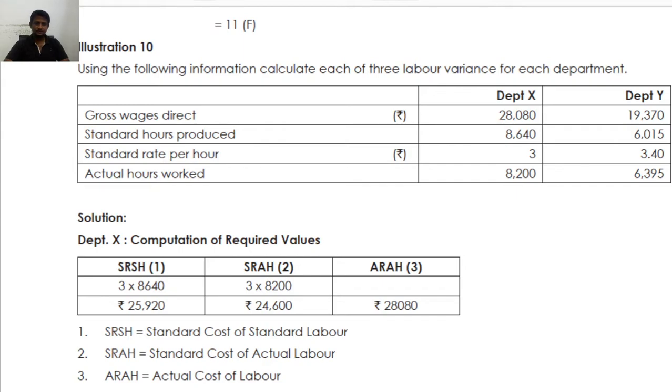Standard hours is given, standard rate per hour is given, actual hours worked is given. Okay, there are two departments. Department X is separate, department Y is separate.